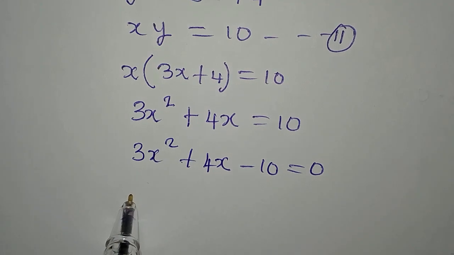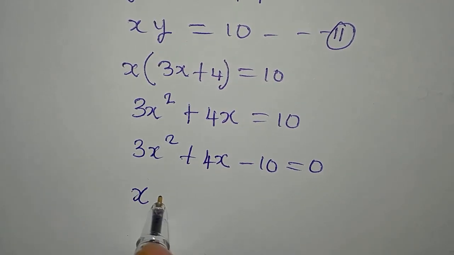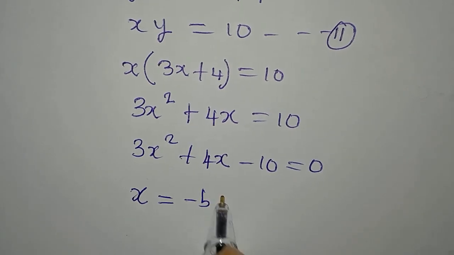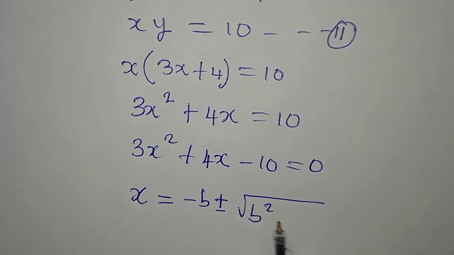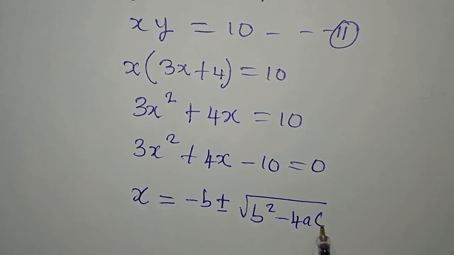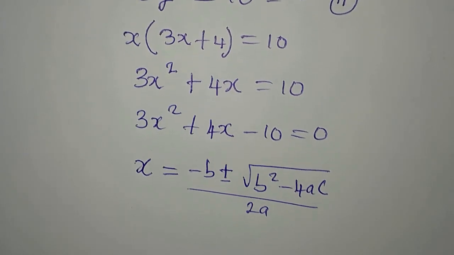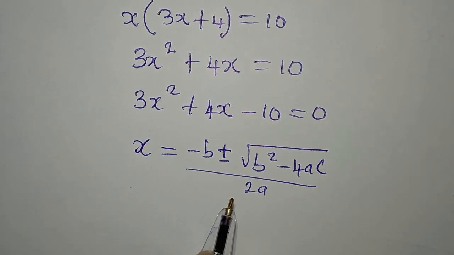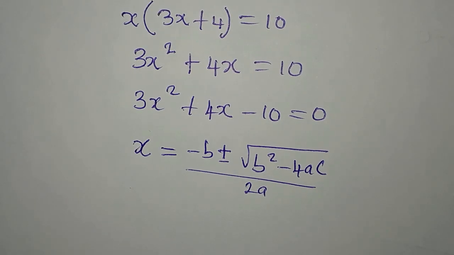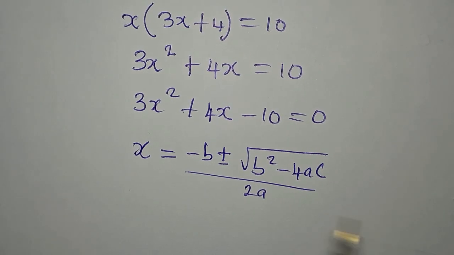So I advise you use your formula method, which is x equals minus b plus or minus square root of b squared minus 4ac all over 2a. Okay, so this is called the quadratic general formula. It is called general formula because there is no quadratic equation that it cannot be used to solve.